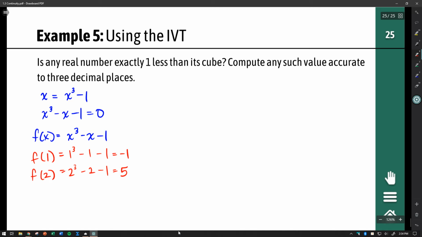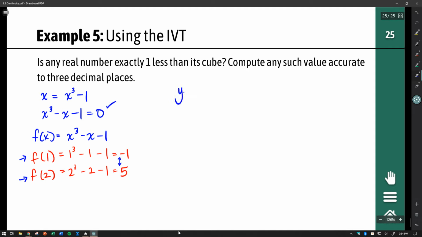And here's where we can apply the intermediate value theorem. Since f of 2 is 5, and f of 1 is negative 1, and this function is a polynomial and it's continuous, we know for sure by the intermediate value theorem that this function takes on every single value between negative 1 and 5. Therefore, it must have a 0.